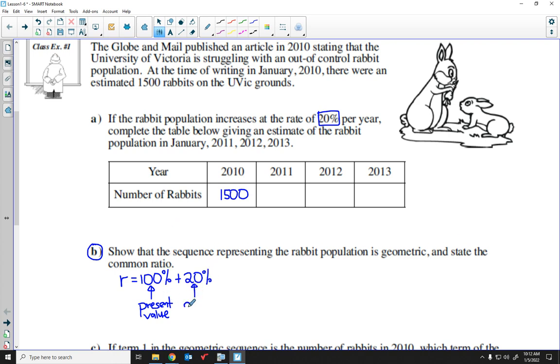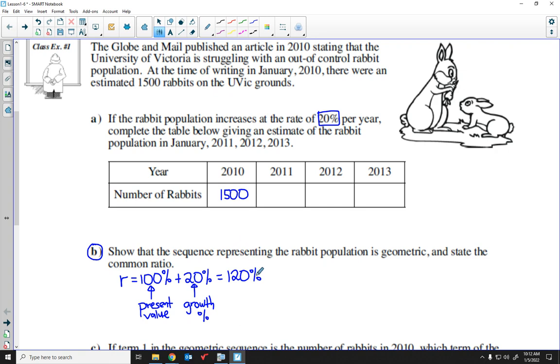So this is my growth percentage. If you do this, you would then get a common ratio of 120%, which means that every year the population is going to be 120% of the year before. So it'll be 100% of whatever it is to start the year off, plus an additional 20% of growth.